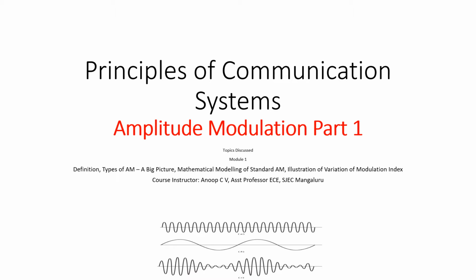Apart from that, we had an overview of various frequency bands used in communication and their applications. Also, we discussed a typical communication system and its constituents, and further the most important aspect of communication, that is modulation, its classification, and the different types of modulation schemes which we'll be addressing in this course, and other topics which come under this course. That was the discussion of our previous session.